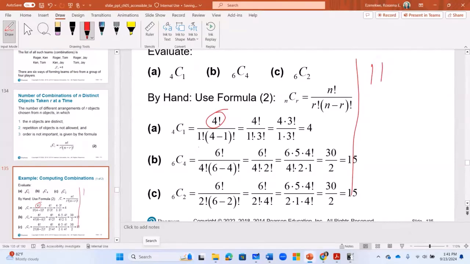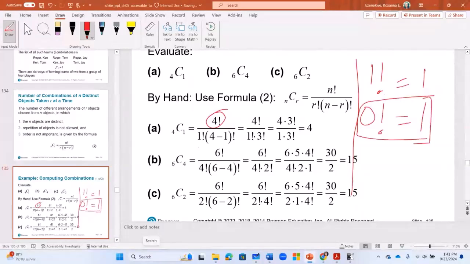Anytime you see 1 factorial, it is equal to 1. Anytime you see 0 factorial, it is equal to 1. Don't forget that 0 factorial is 1.